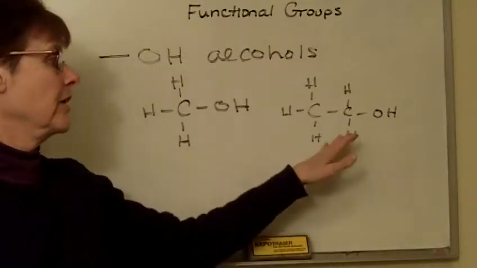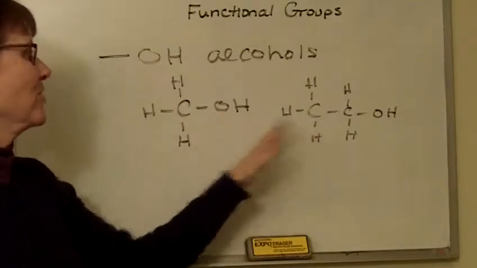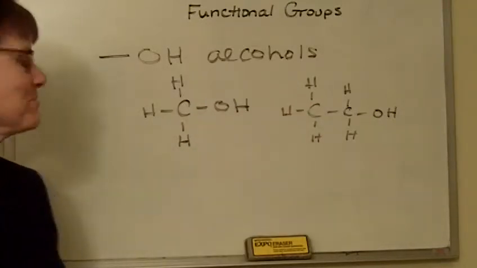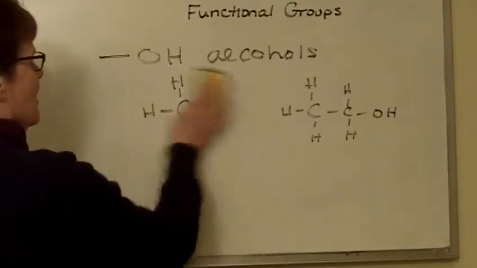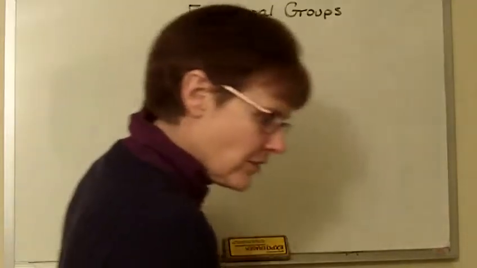So this one is in small amounts, not toxic, and this one is terribly toxic. So very different properties depending on the length of the chain of the alcohol. So let's see, that takes care of 3 of them.